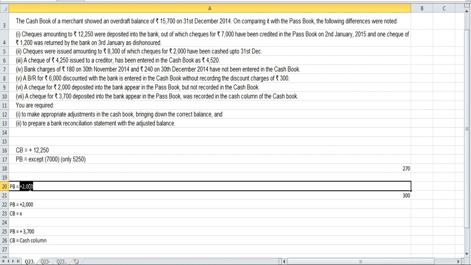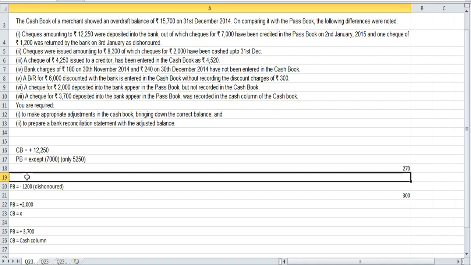In the book, they have returned the check. Okay, so they have returned the check. Out of all this, dishonored or some, how much?